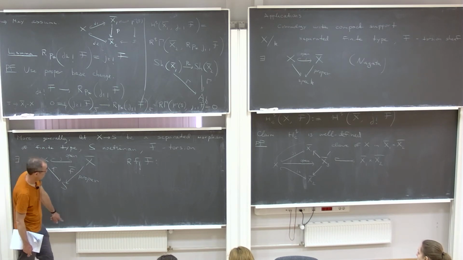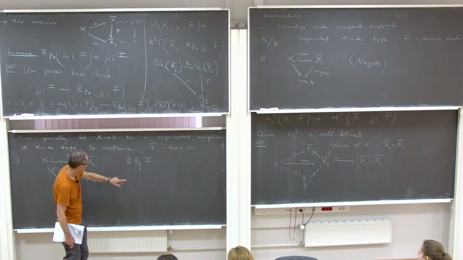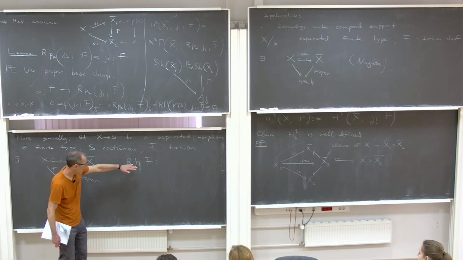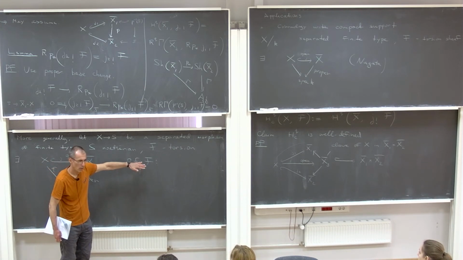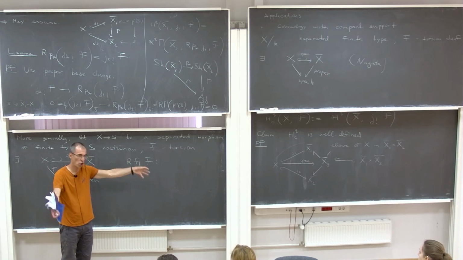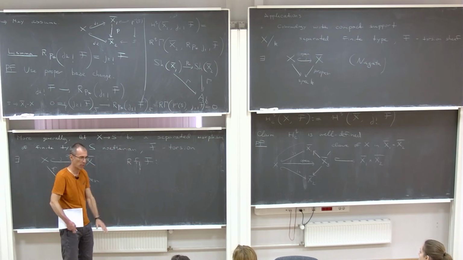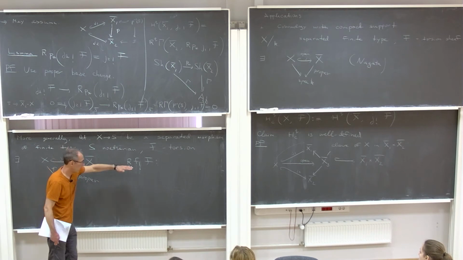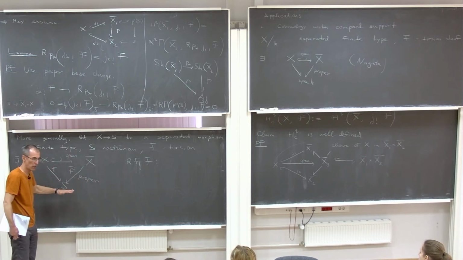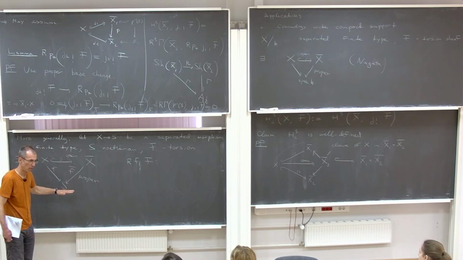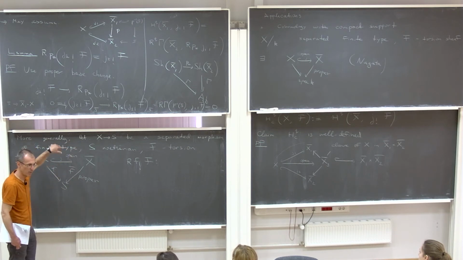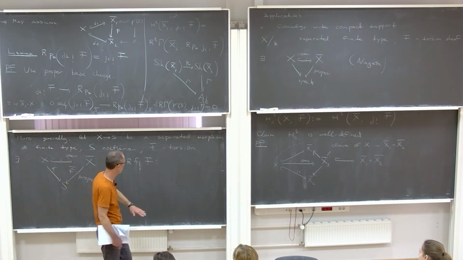For an étale morphism, we have a definition of direct image f lower shriek. It was a left adjoint functor, and it was exact. So here, f is not assumed to be étale, the dimension of the fibers could be positive.